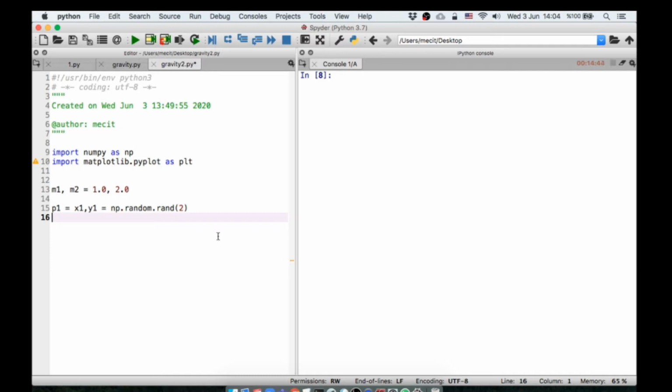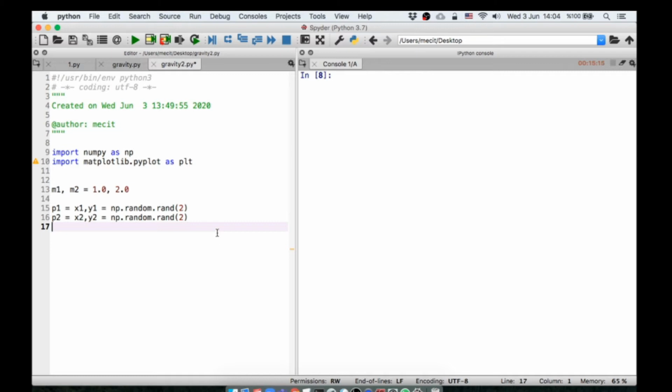So that if my code runs in the general case, then it will run for any point. But if I do it for specific points, maybe I will miss something, and then that can appear when I run the code in general. So this is my first point, and this is my second one.